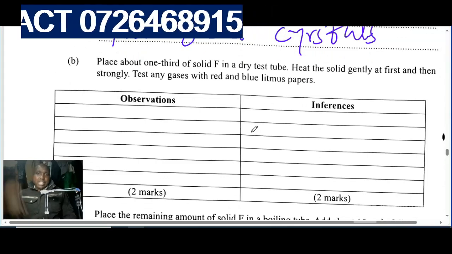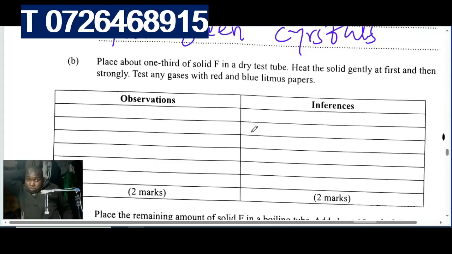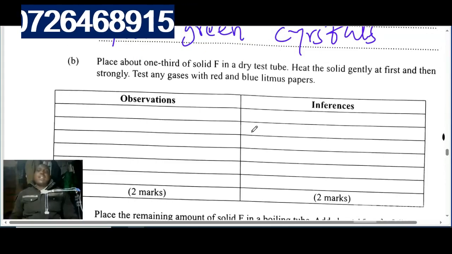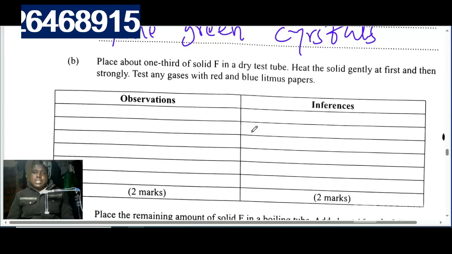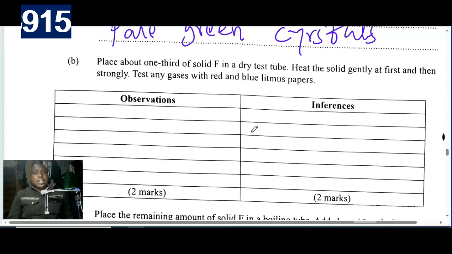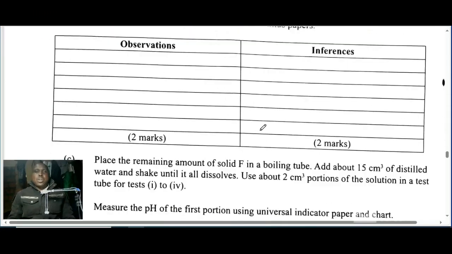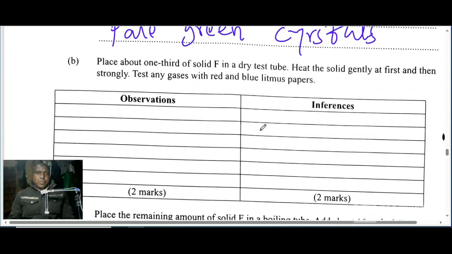Place about 1/3 of the solid in a dry test tube. Heat the solid gently and then strongly. Test the gases using a burning splint and red litmus paper. A very common question. So that's why I want us to go through this one.